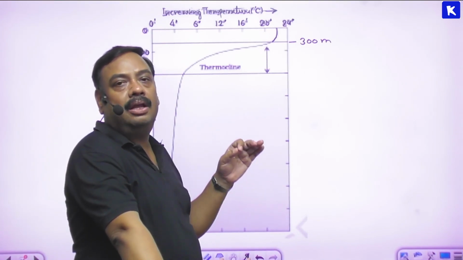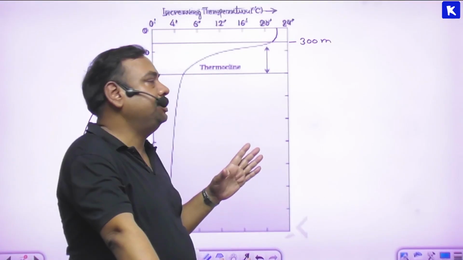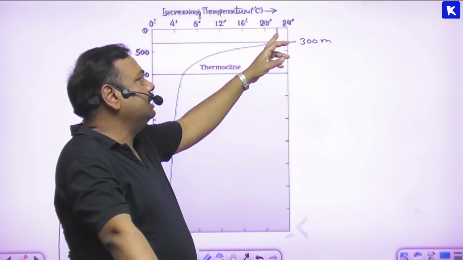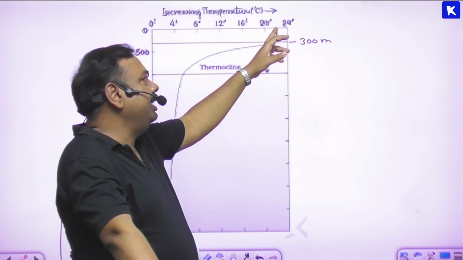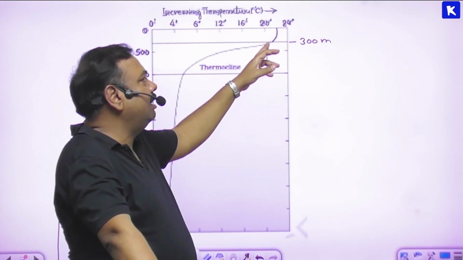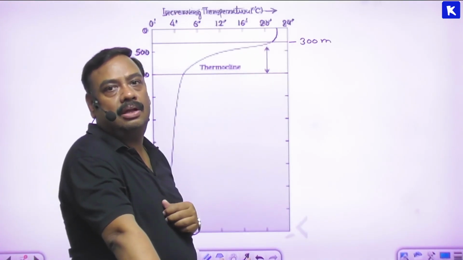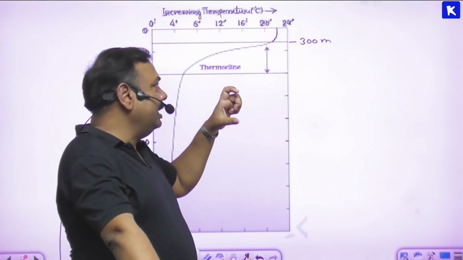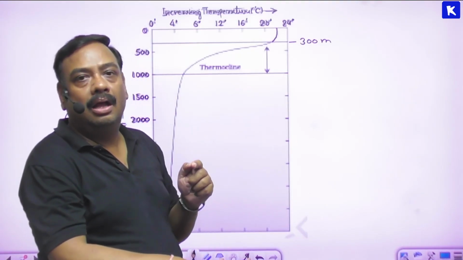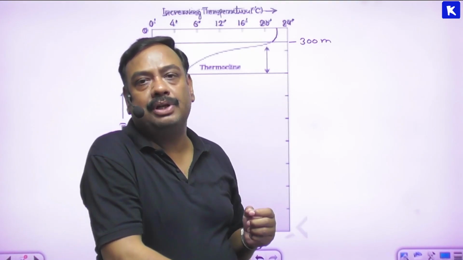It is a very slow rate of decrease. How do you know? If you take the temperature around 23 degrees Celsius, it comes to 21 degrees Celsius. That means at a depth of 300 meters, there is only a 2-degree difference from the sea surface.